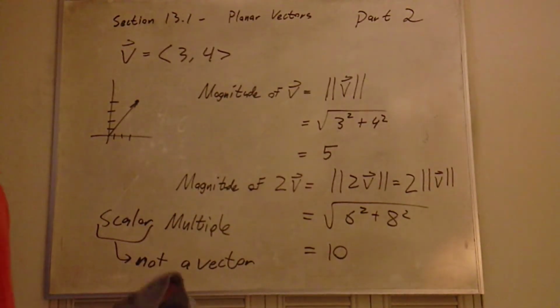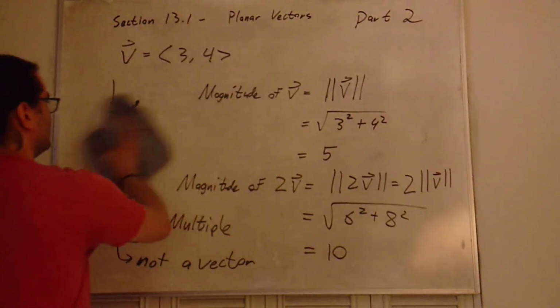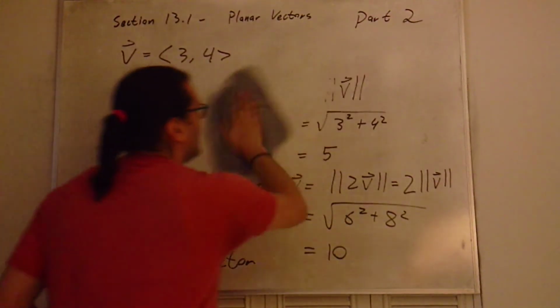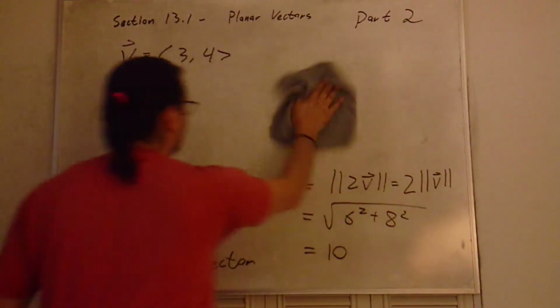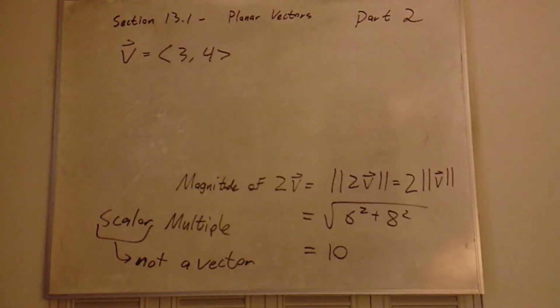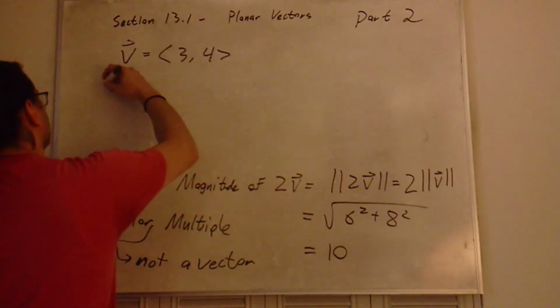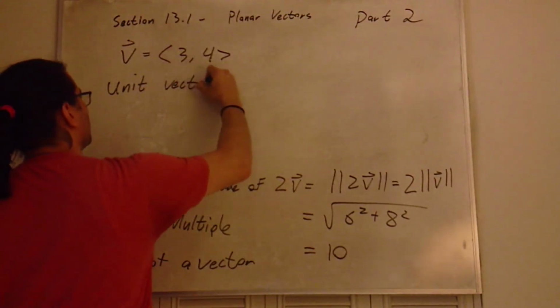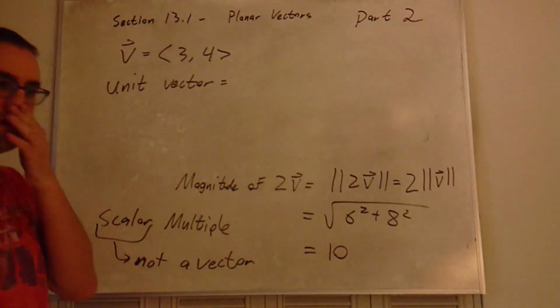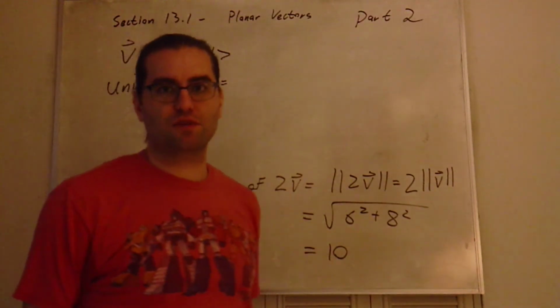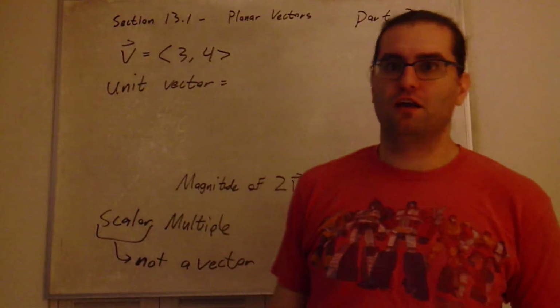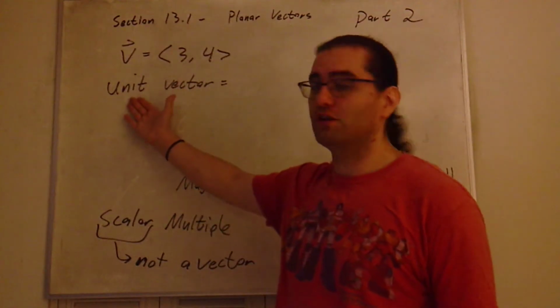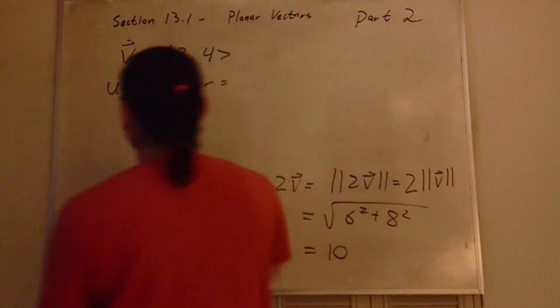The last thing that I need to talk about in terms of scalars and v is the idea of a unit vector. Hopefully we remember from pre-calculus what the word unit means. Unit fundamentally means 1.